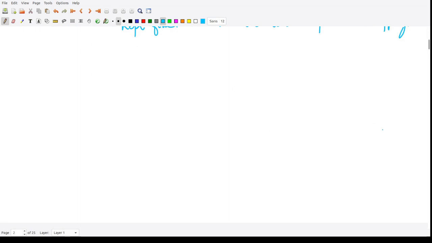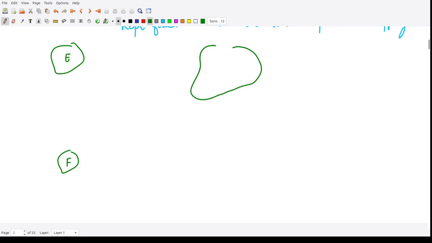So in short, what we are doing, this was our field F, this was our field E. Okay, so what we are doing, we are constructing some set over here, collecting all the mappings. This is the set of mappings, and this is nothing but the group of automorphisms.